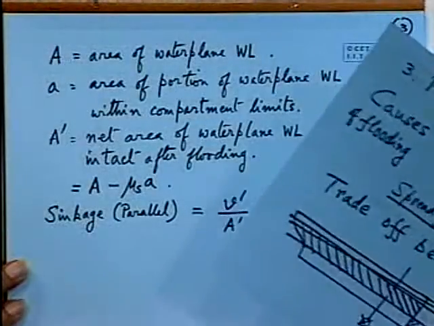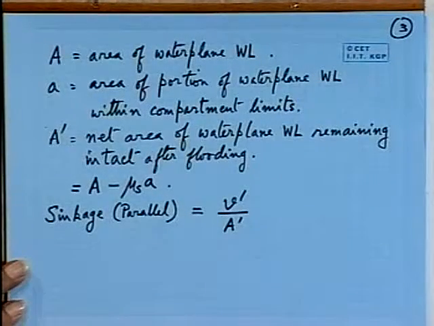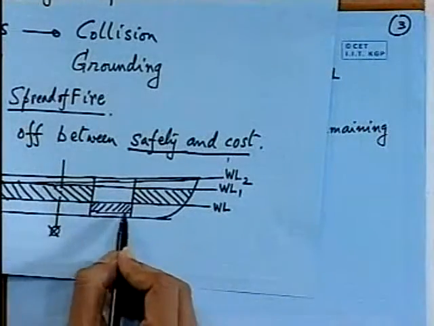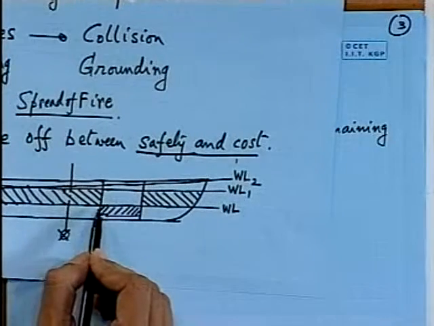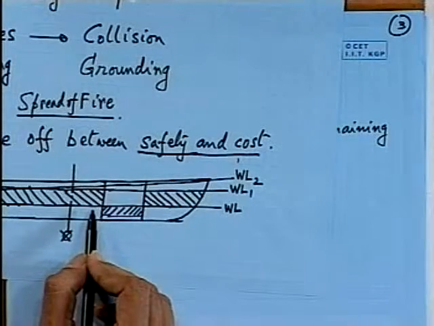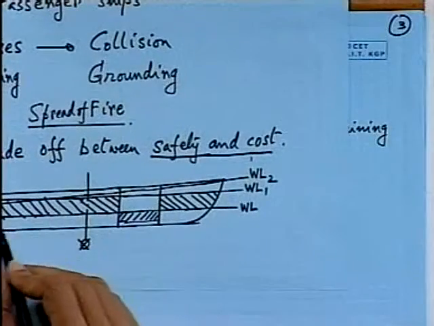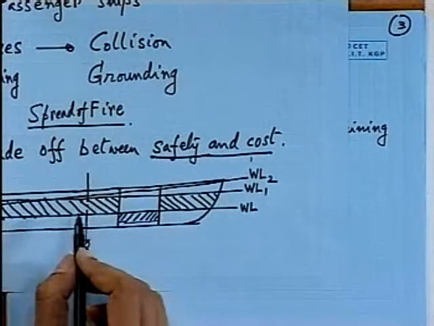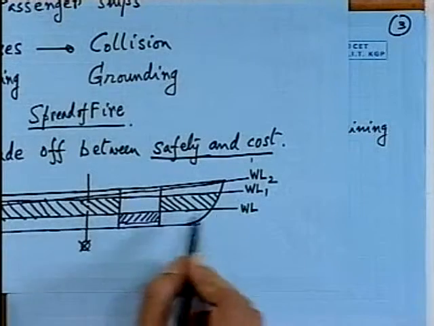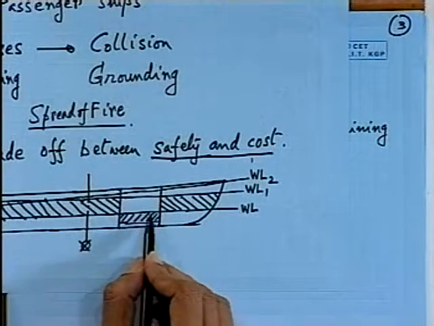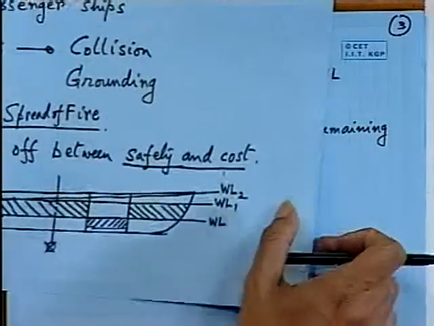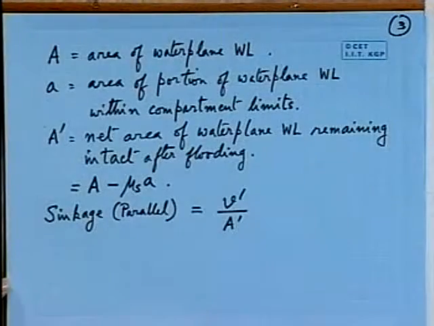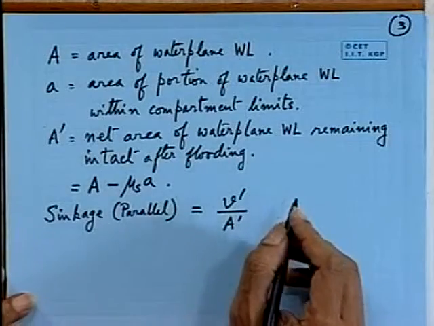So here, for the parallel sinkage, you simply distribute this volume, the V prime, over the damaged water plane area. You should not take the total water plane area, but the damaged water plane area, that is the total water plane area minus the portion that has been flooded. So you simply divide by that and you will get the parallel sinkage.